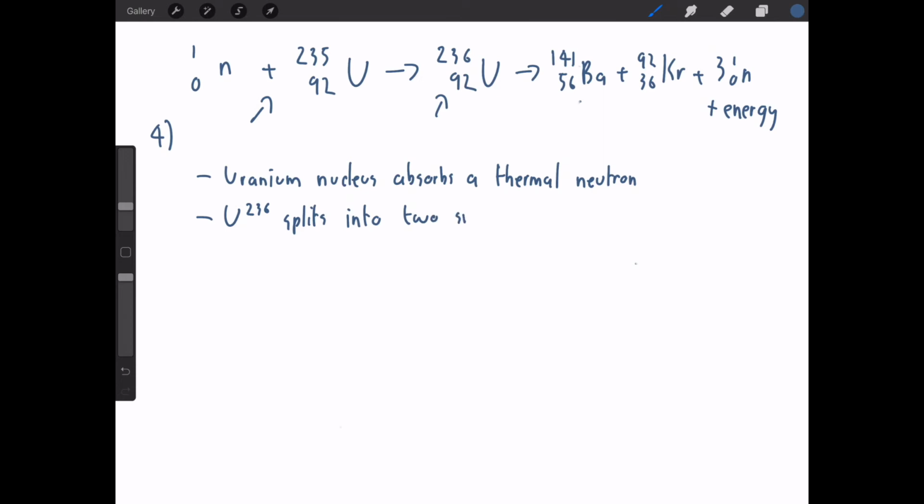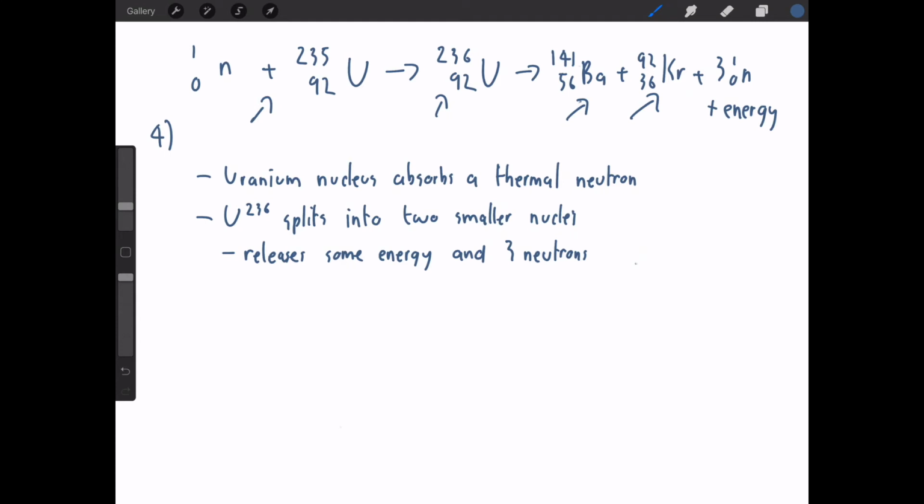You can just say 2 smaller nuclei, and also releases some energy in the process, and in this case 3 neutrons. It's not always 3 neutrons, it depends on what these daughter products actually equal. So in general you could say 2 or 3 neutrons.